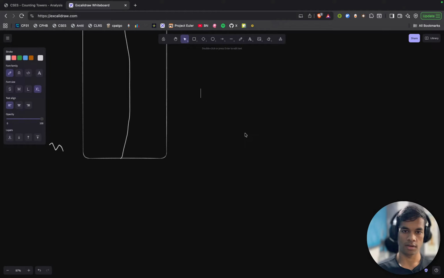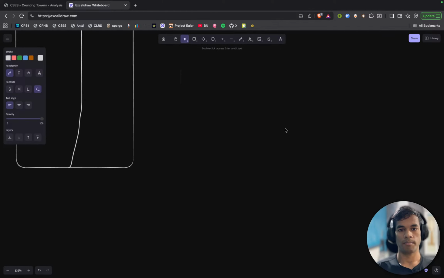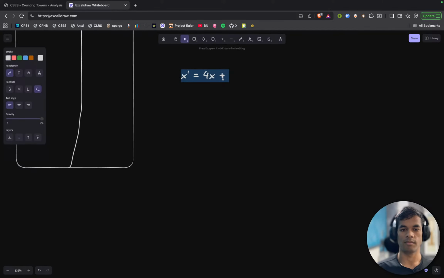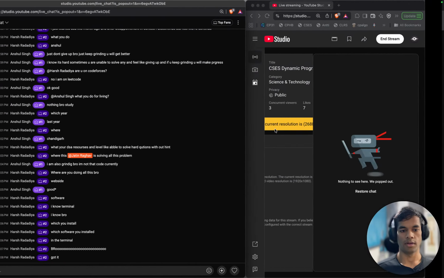Okay, so x dash equals 4x plus y, and also y dash equals x plus 2y.